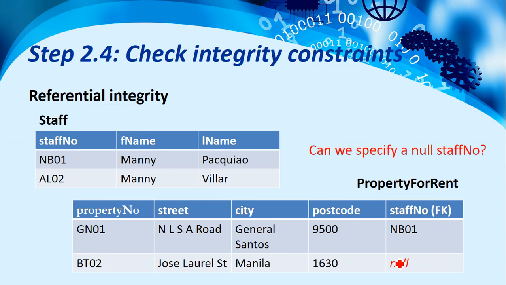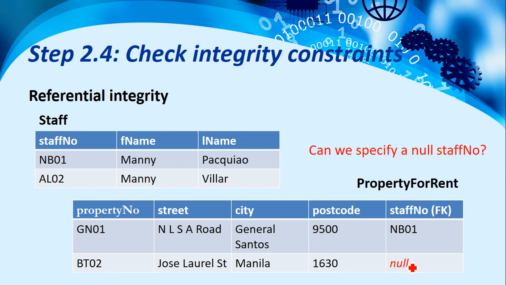For example, itong pangalawang record or tuple. Let's say panibagong property, pwede ba na mag-insert tayo tapos lahat ng attributes niya may value except yung staff number null? Pwede ba to?